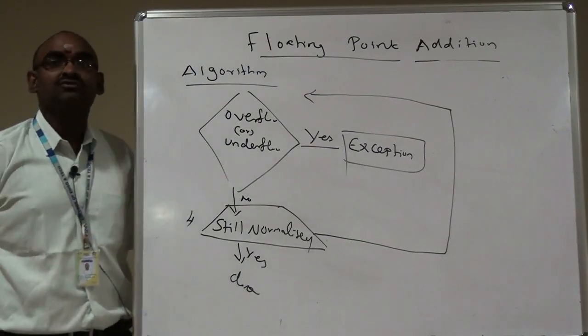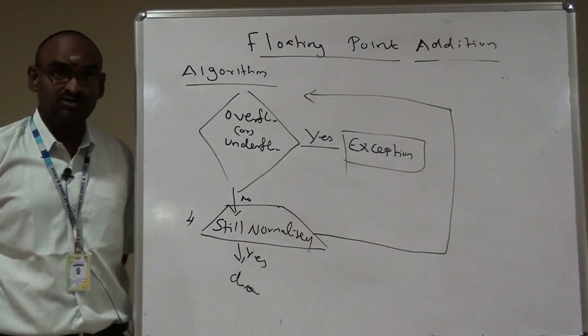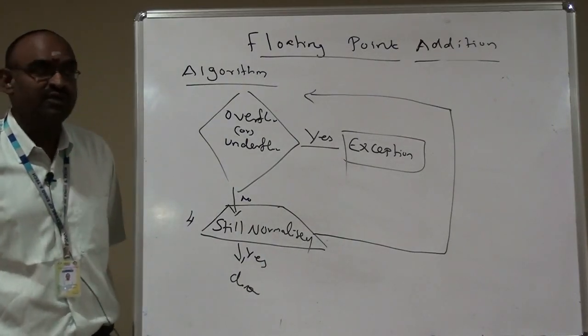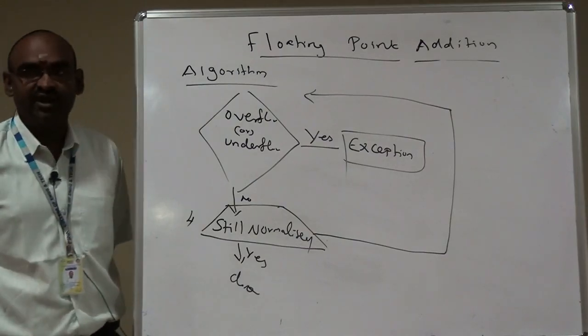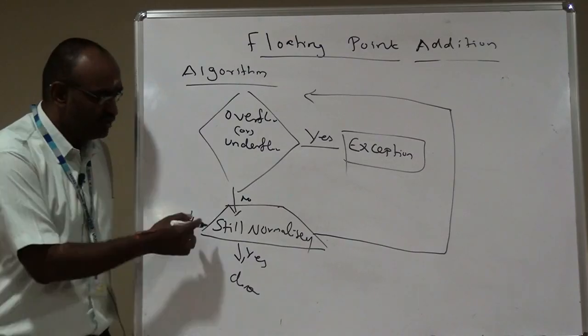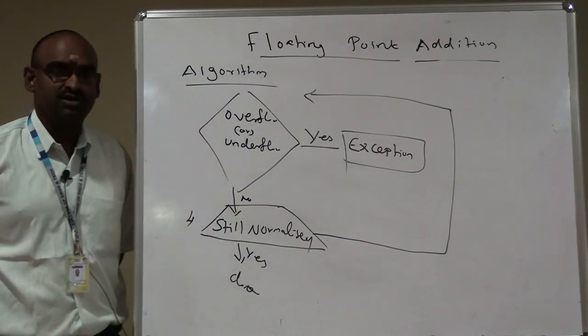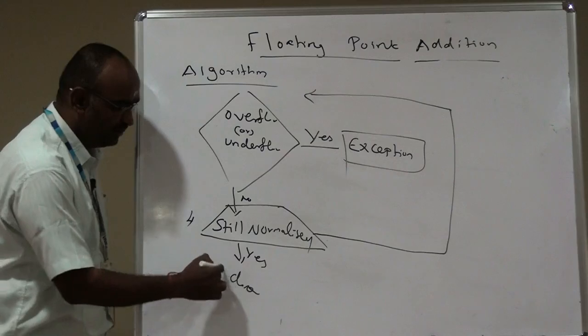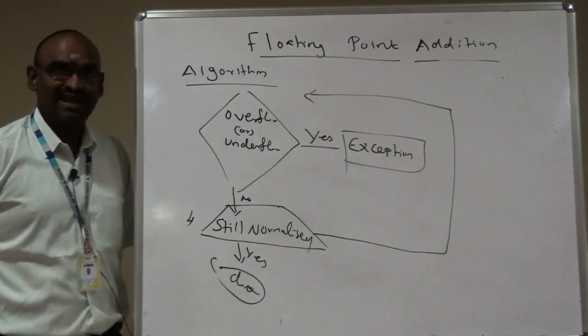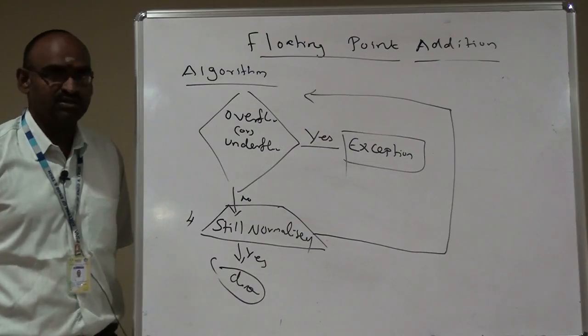When the exponent is between -126 and +127, there is no overflow or underflow. If it exceeds this range, an exception may happen and we cannot do the addition. After checking overflow and underflow, we again check normalization. If still normalized, we are done. If not, we go again to normalization, since after adding the significands we have to normalize.